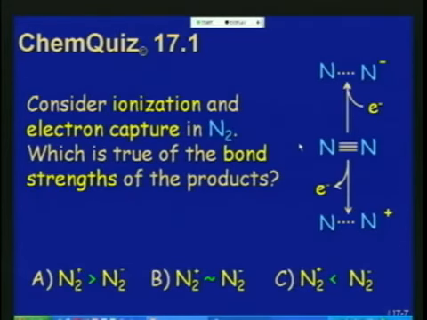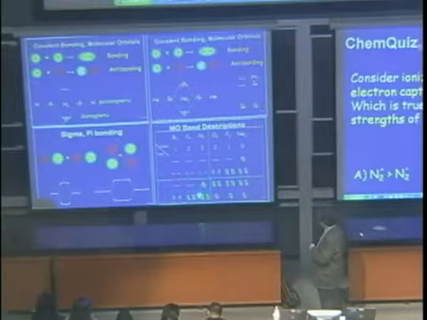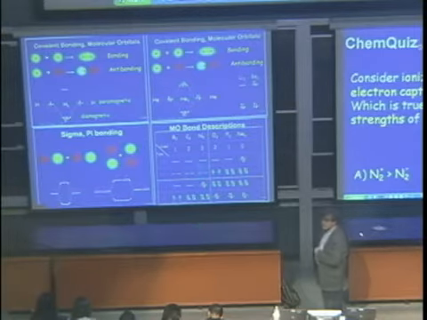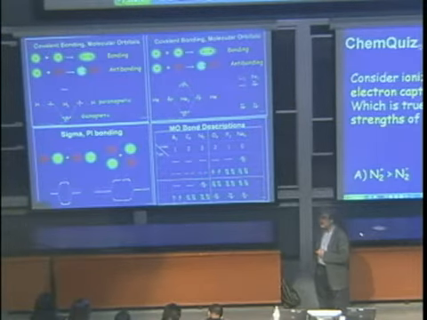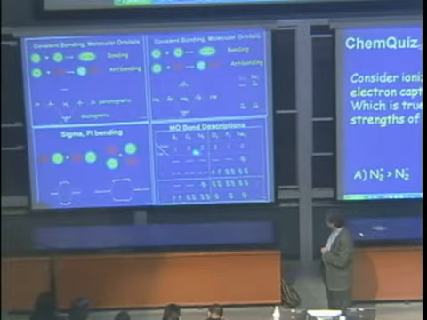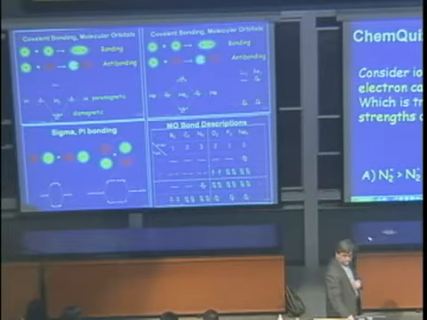Now, the bond order of nitrogen is number of bonding electrons, 1, 2, 3, 4, 5, 6, minus the number of antibonding, 0, divided by 2 is 3. It's right there. Bond order is 3, okay? Now, let's add an electron.